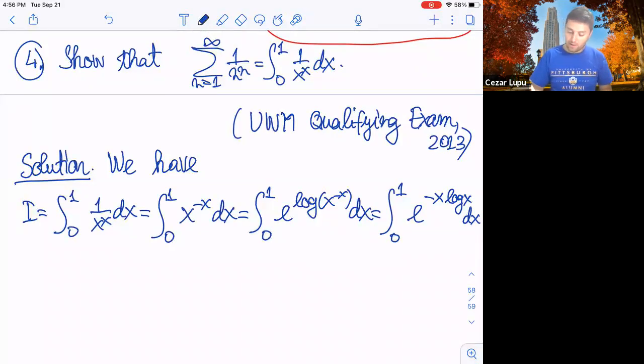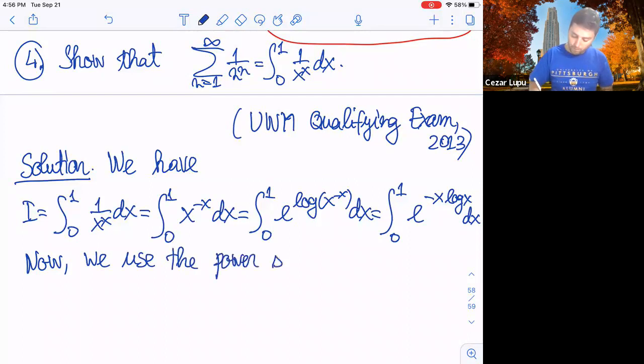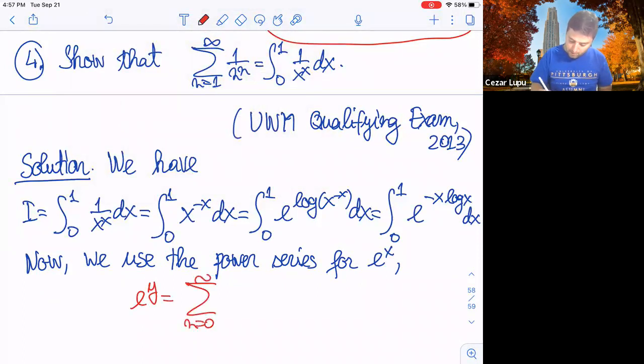It's great, because now we can use the power series for the exponential function, right? So I'm going to write it in this way. So let's say e to the y is this series. So it's y to the power n over n factorial.